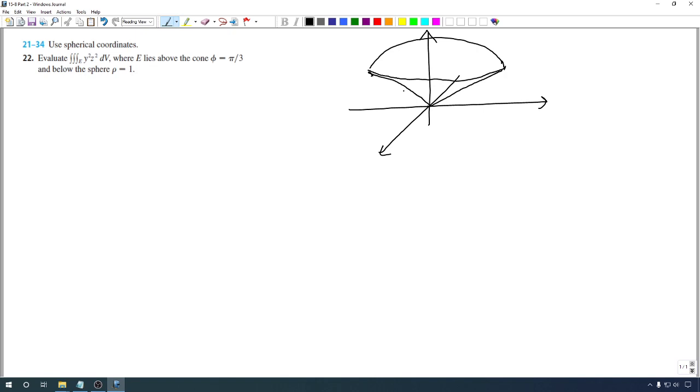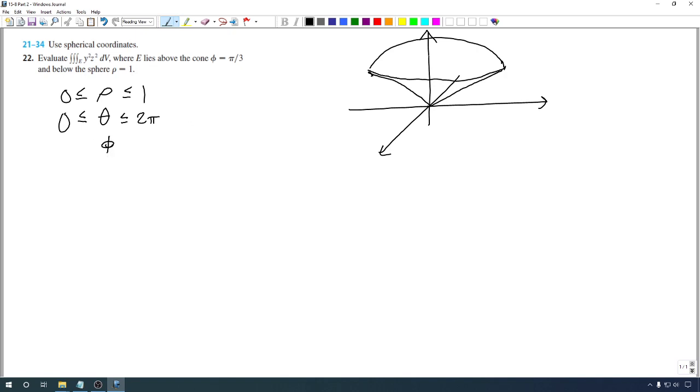That actually is a spherical wedge, even though it maybe doesn't look like it. Our rho values are going to go from 0 to 1, because we are allowed to start at the origin and go out to 1. Our theta values, because there's no real limit on that, we can go all the way around the z-axis, so those go from 0 to 2 pi.